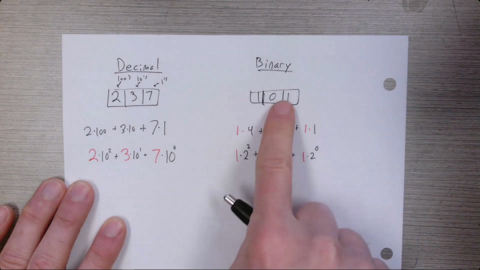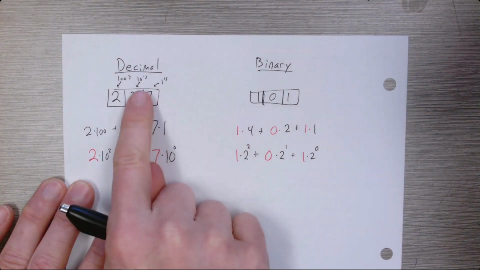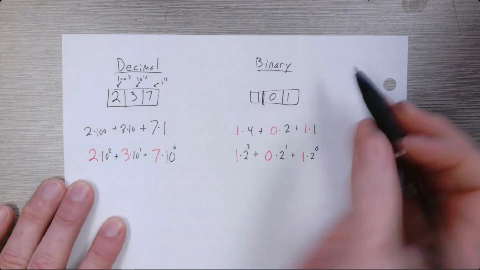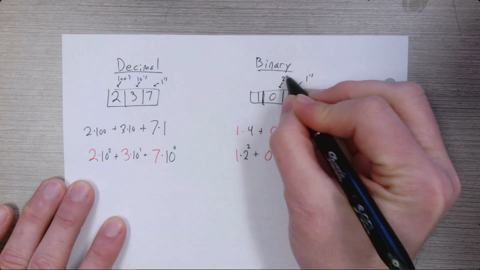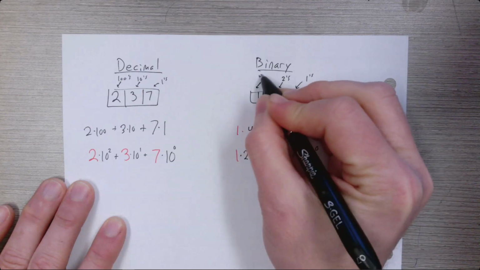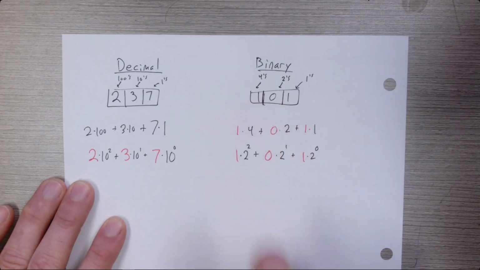So going up one more step, just like in base 10 this was the ones place, tens place, hundreds place, this is like the ones place, this is like the 2's place, this is like the 4's place. So in binary, it's telling you how many 1s, how many 2's, how many 4's in your final number.